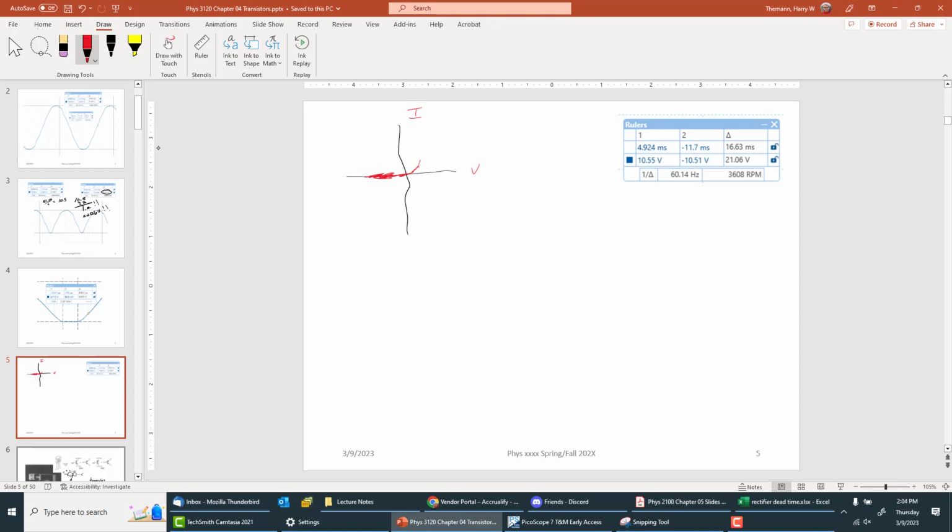It has this turn on, and then the slope goes infinite. This is an infinite slope.